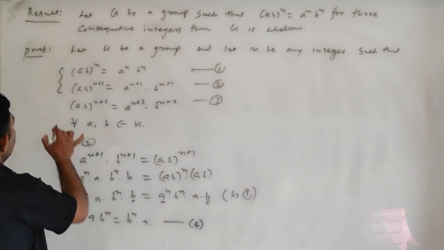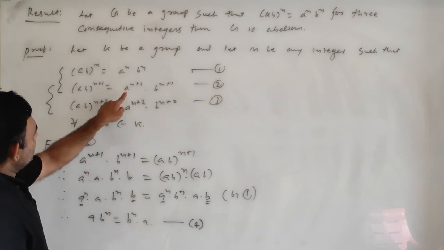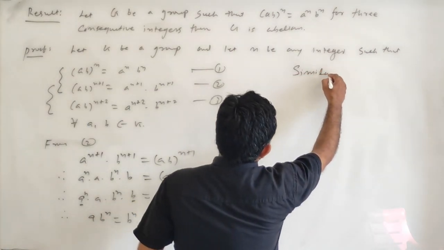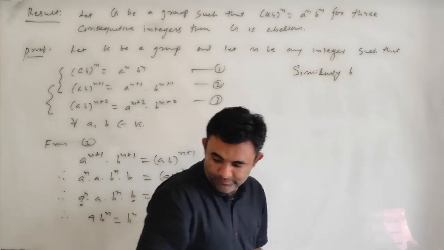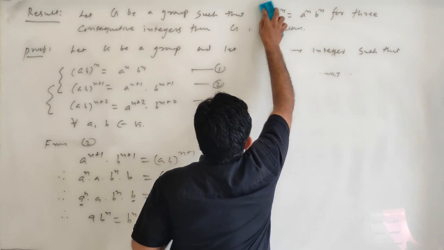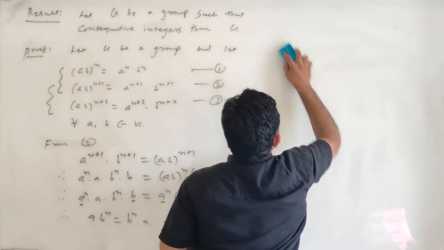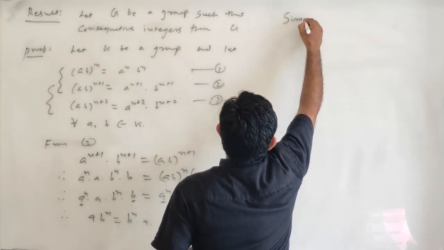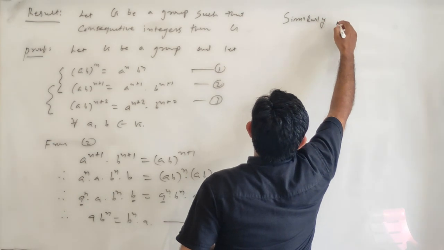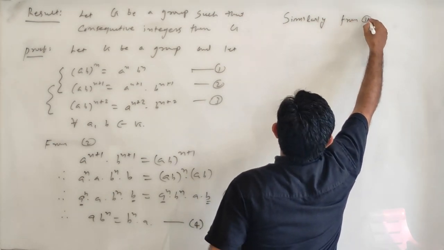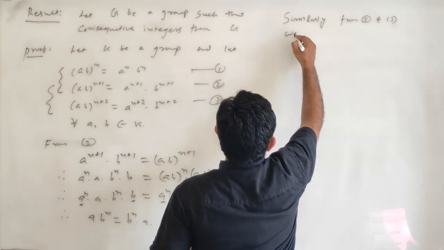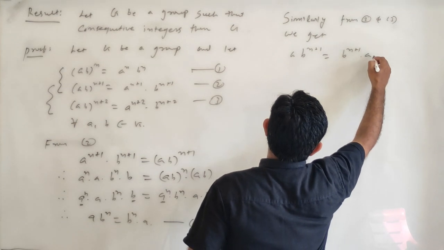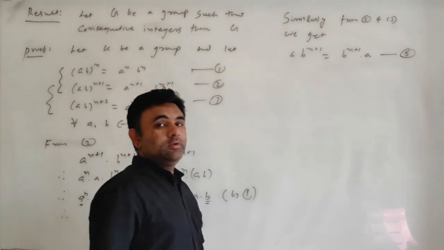Similarly, if I use second and third, from 2 and 3 we get (ab)^(n+1) equals b^(n+1) a. So this is result number 5.